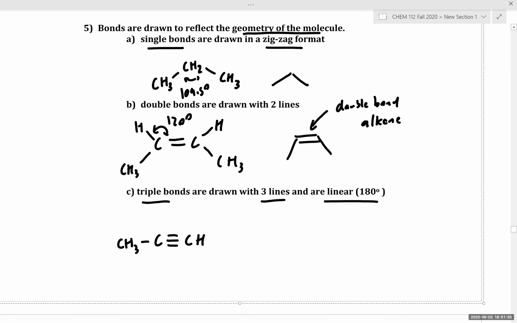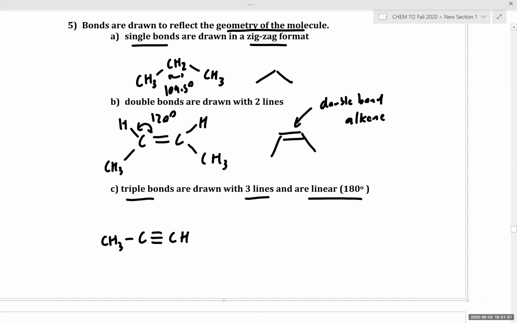as we notice, the triple bond has a bond angle of 180 degrees. So in our line structure, we respect the fact that we have 180-degree bond angles by drawing out our triple bond with 3 lines and then making sure that our triple bond is linear, where we have 180-degree bond angles.